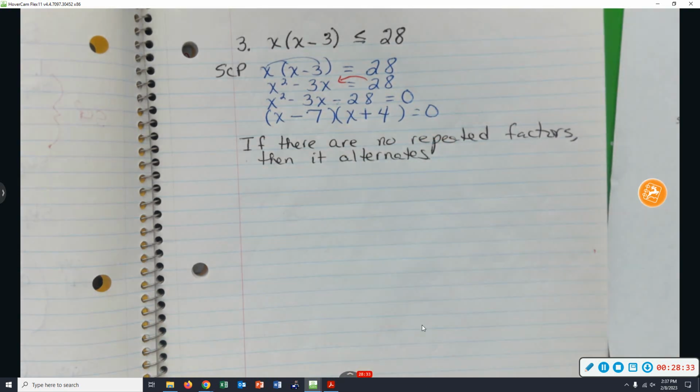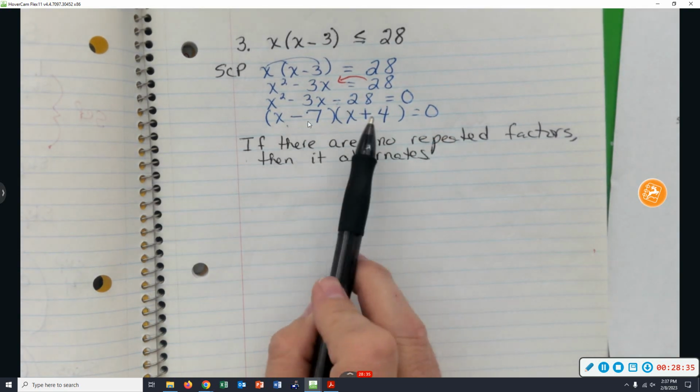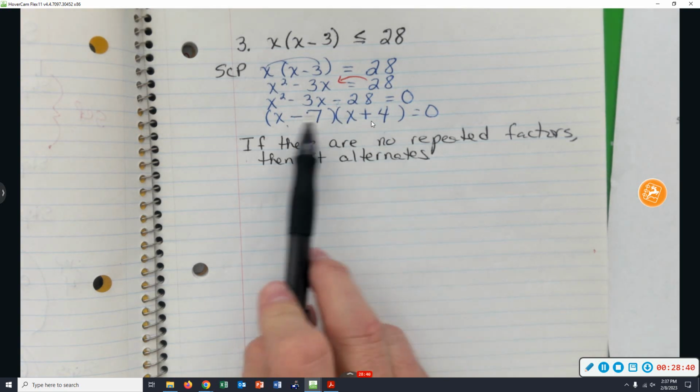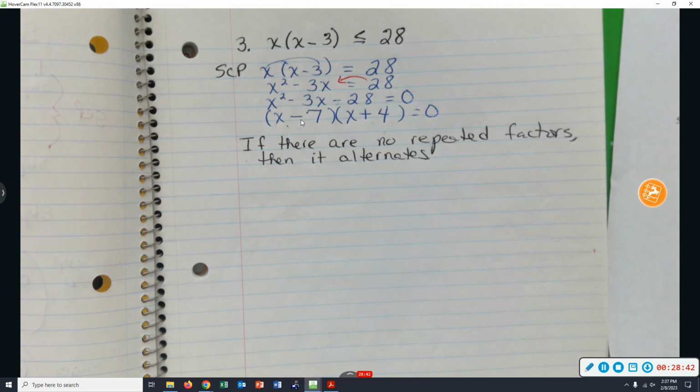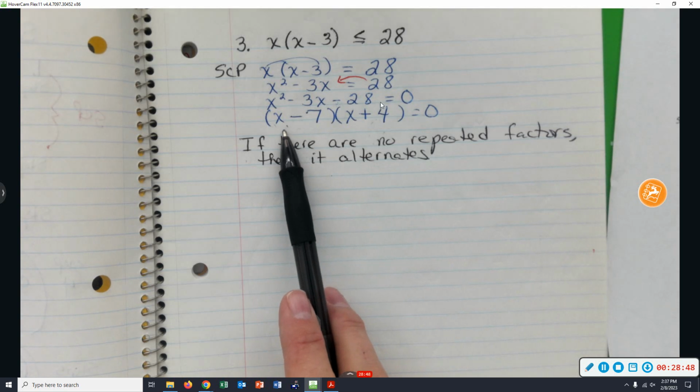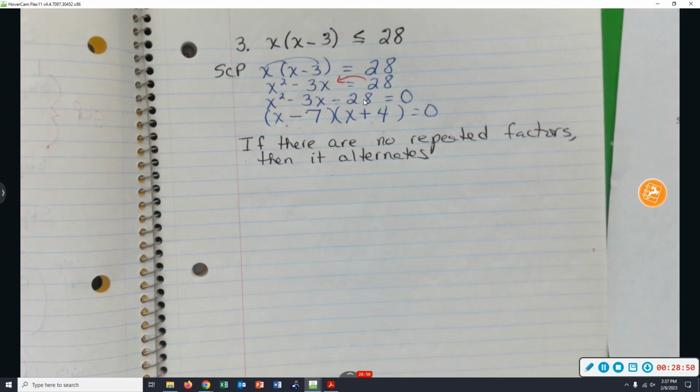Now, what do I mean by repeated? Well, if we get the same thing in both sets of parentheses, x minus 7 times x minus 7, or x plus 4 times x plus 4. In order for that to happen, this number has to be a perfect square, though. And 28 isn't a perfect square.